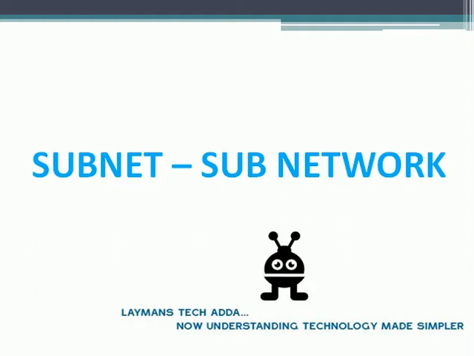Now, in simple terms, subnet or subnetwork is a process of dividing a network into two or more IP networks or smaller segments. For example, if an entire building has one network, it can be divided into multiple subnets and VLANs based on the requirement of the organization.